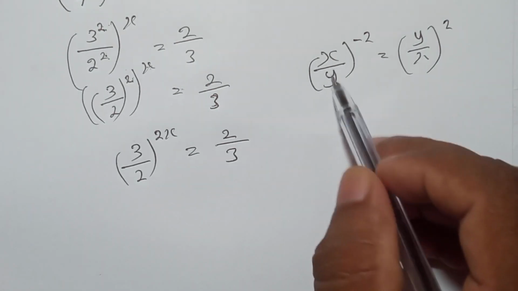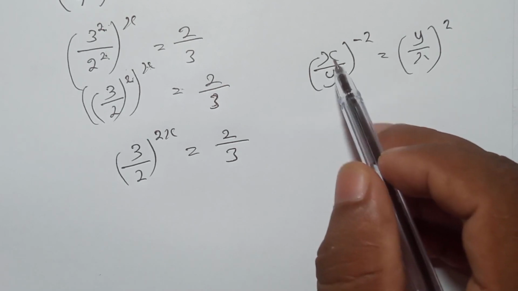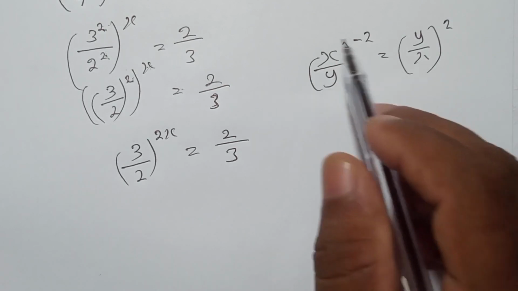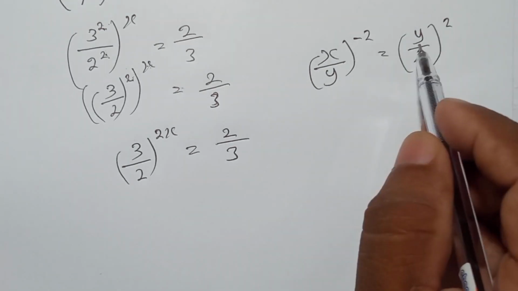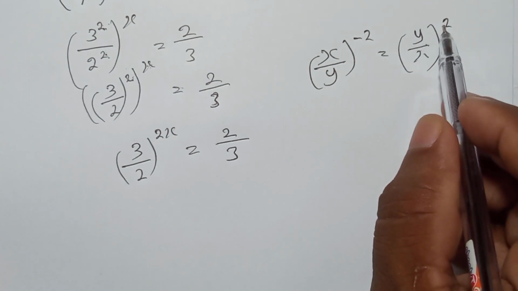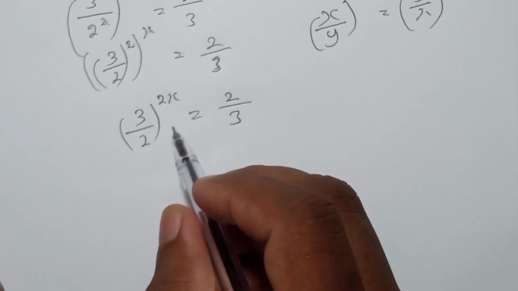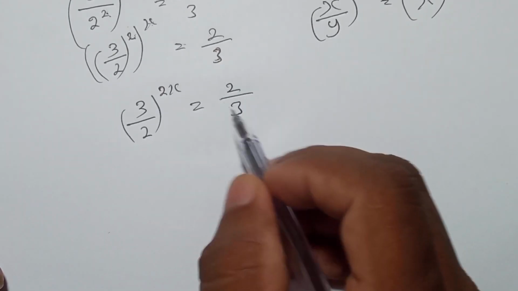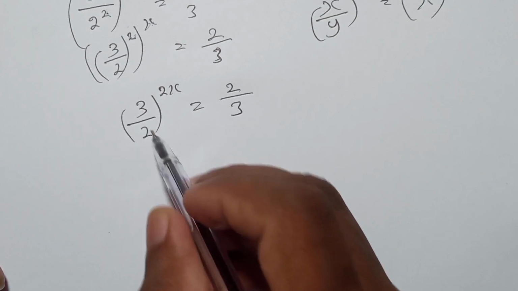If you take the reciprocal, numerator goes to denominator and denominator goes to numerator, then it will be positive. You can do this the opposite way also. When you have positive, you can make it negative if you take the reciprocal. So in the same way here, I need to make them the same, so I will take the reciprocal of this, right?